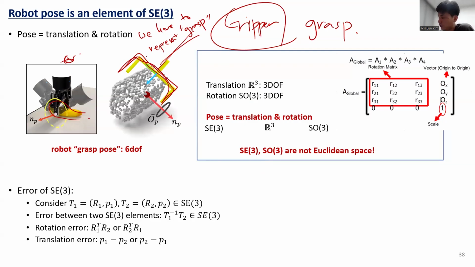Rotation of the gripper frame and the translation of the gripper frame with respect to either the robot base frame or the world frame. It depends on you. Anyways, we have to represent the robot grasp. It's called the robot grasp pose actually.